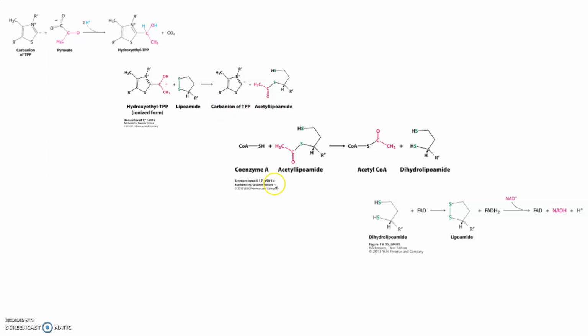And then we have transfer to CoA, transfer of that acetyl group from acetyl lipoamide to coenzyme A, forming acetyl-CoA. And then the regeneration, the last step, which was dihydrolipoamide reacting with FAD to form lipoamide once more, and 2 electrons transferred to NAD, forming NADH.